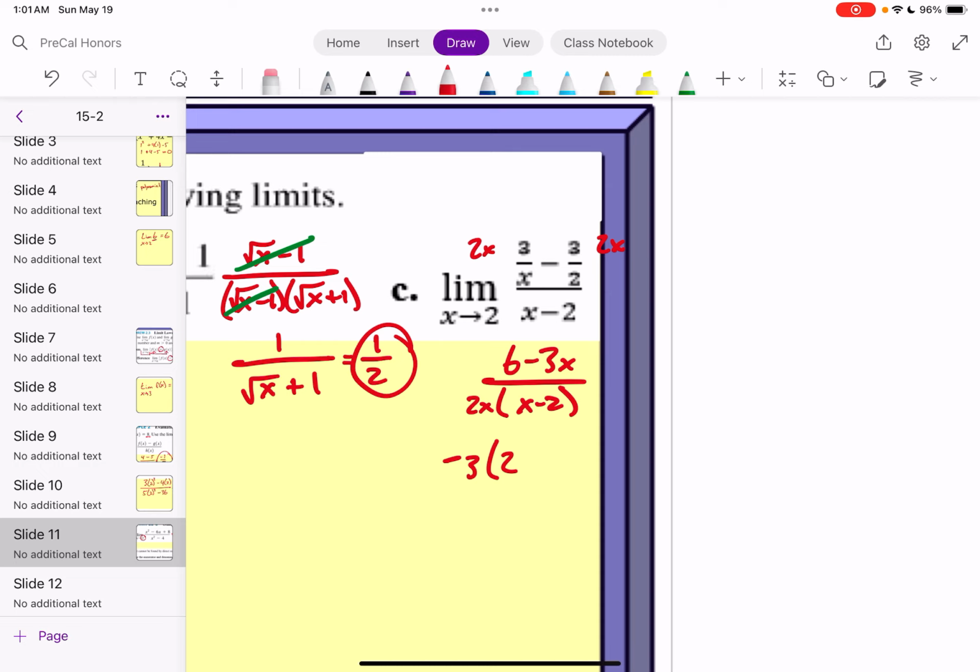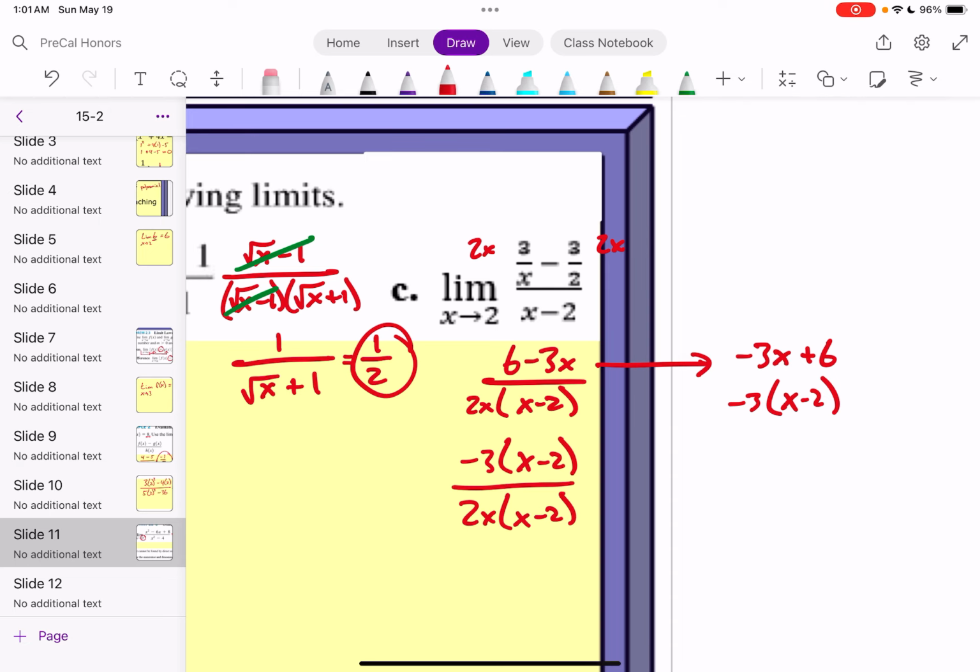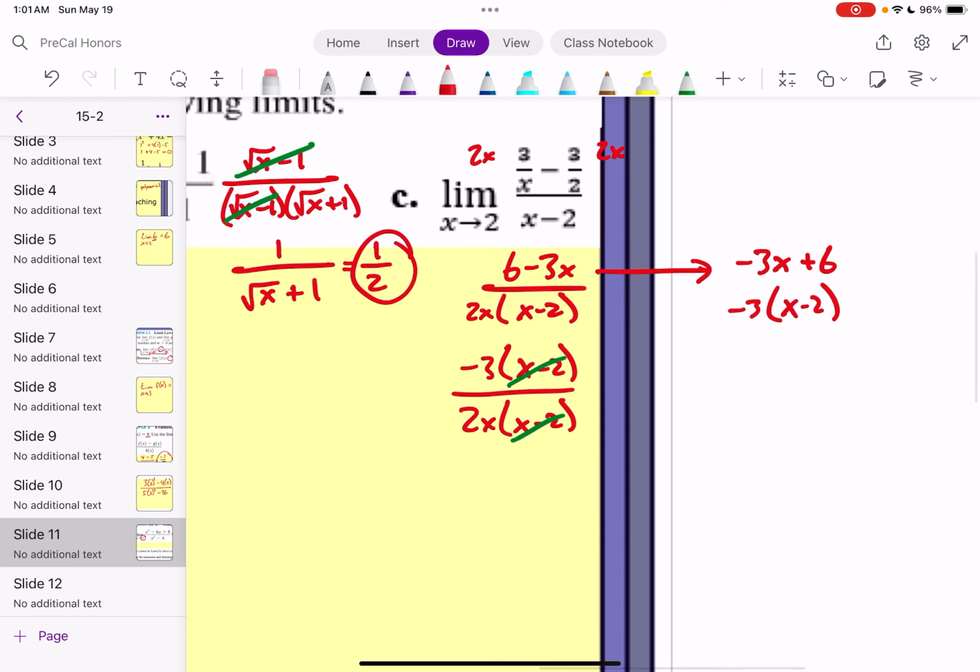Now, we want to flip this around, which might make it a little bit easier for you to see. So this would come out as a negative 3x plus 6. We pull out a negative 3 and we're left with x minus 2. So negative 3 times x minus 2 over 2x times x minus 2. In this case, our x minus 2's cancel out, and we're left with negative 3 over 2x.